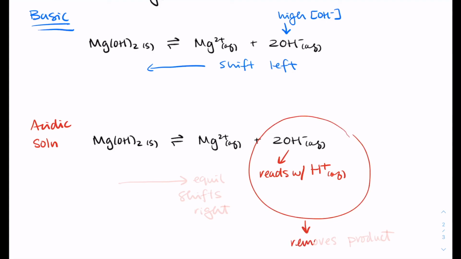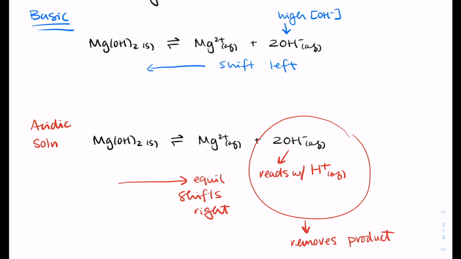So if there's H plus in solution, that's going to react with the OH minus and produce water, which is a weak electrolyte. It doesn't split back up. So that OH minus that reacts with the H plus is removed from the reaction.